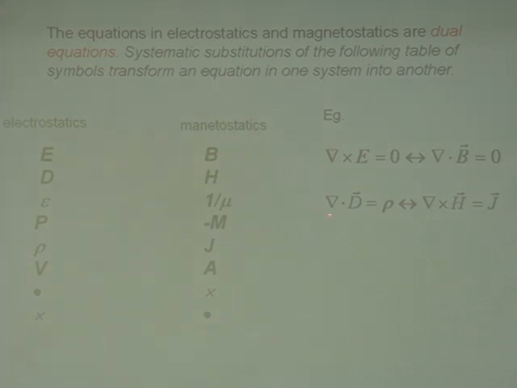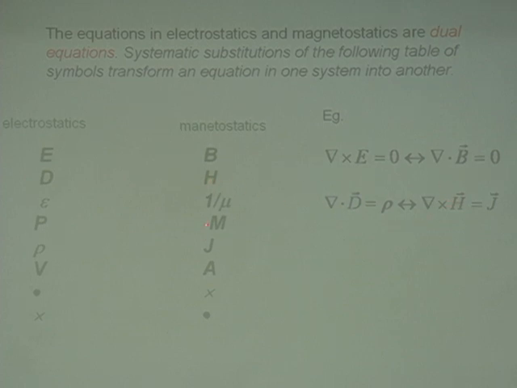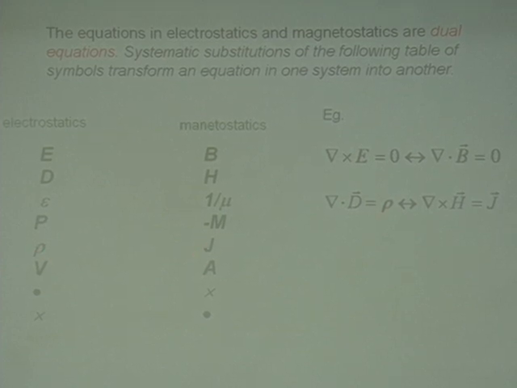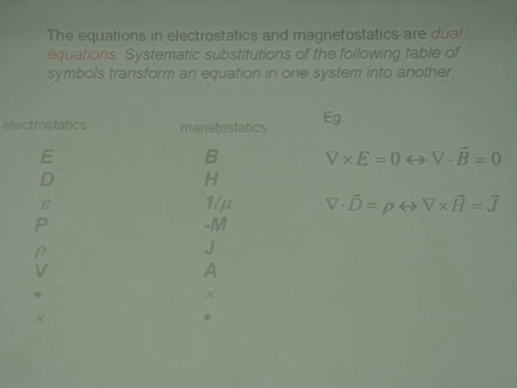For this Gauss law, you can convert it into Ampere's law by changing this divergence to curl, and then you have a symbol D. The other counterpart symbol for magnetostatics is H, so you replace this D with H, so you have curl of H, and then rho is replaced by J, the current density vector, so you have Ampere's law. 很好玩 right? Now, the two sets of equations are called dual equations.